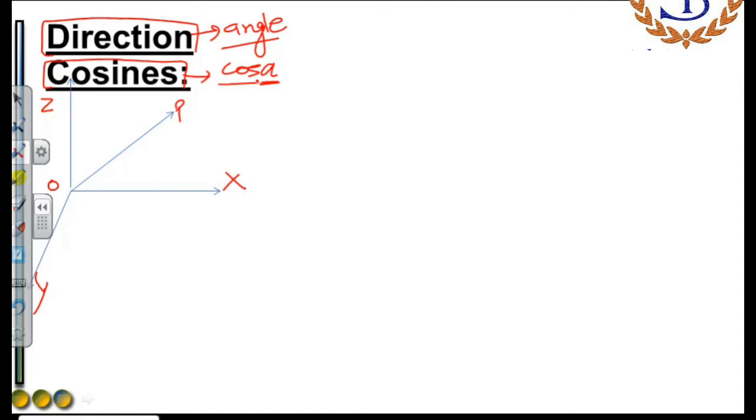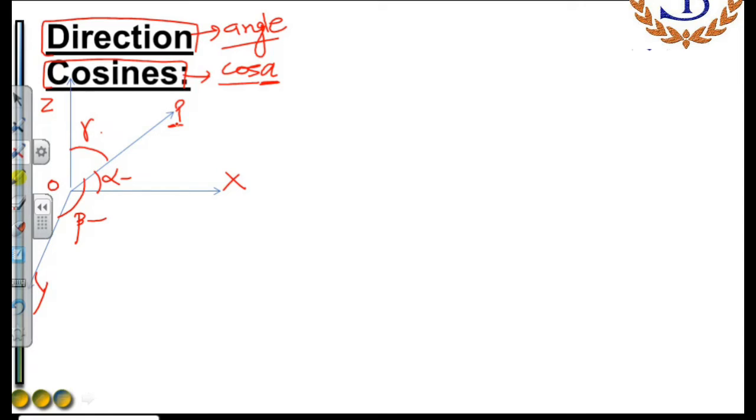So this vector OP makes an angle alpha with the x-axis, another angle beta with the y-axis, and gamma with the z-axis. These are the angles giving the direction of the OP vector, but these are not direction cosines.